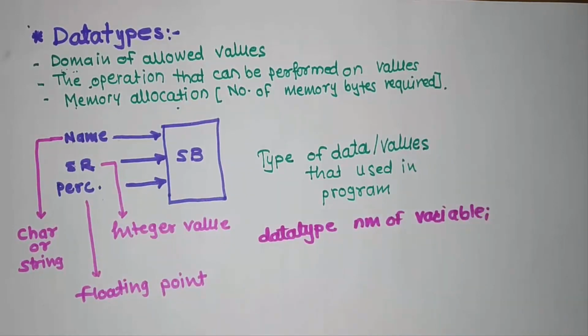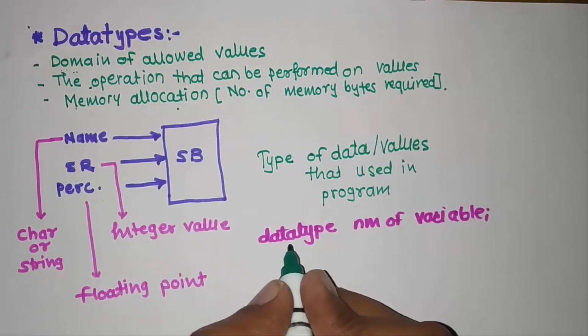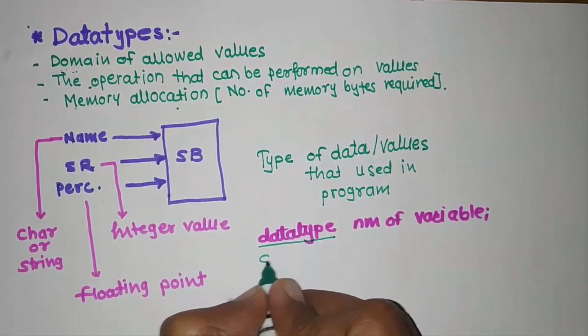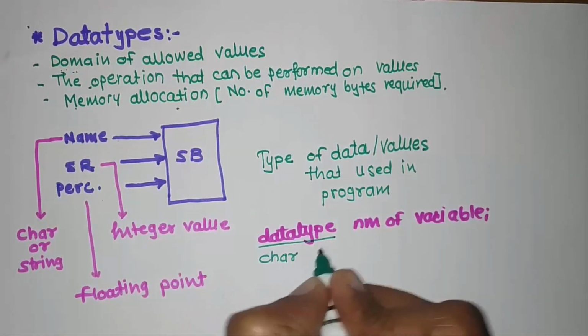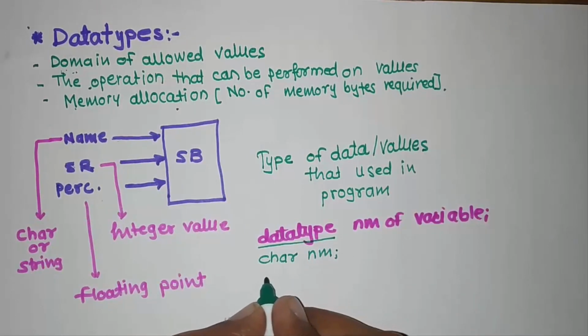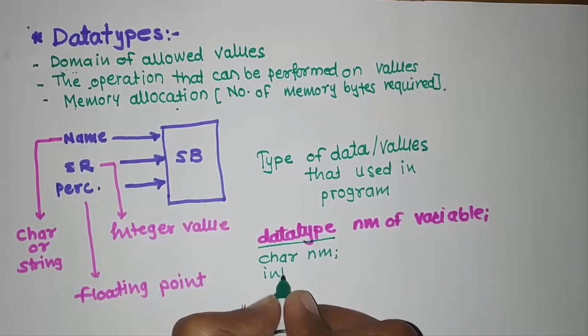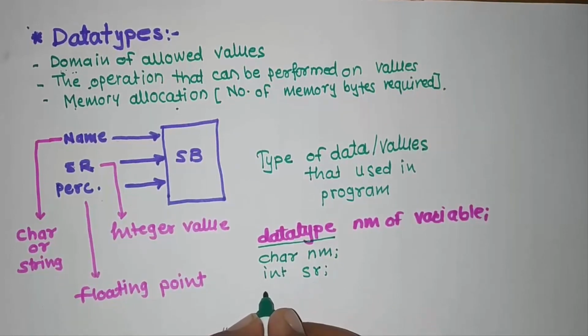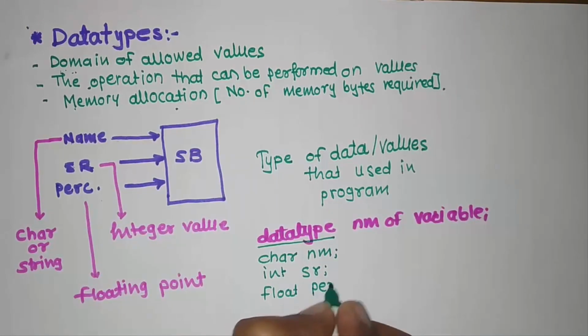So here, as per our requirement, we can declare the three different variables. The first variable is going to store the name. So for that, the data type that we can define like this, with variable, suppose, name. The second one for serial number, that is int sr, and for percentage we will write float per.